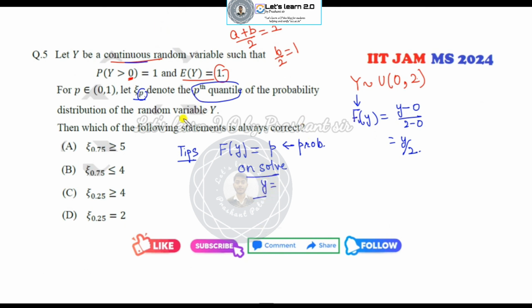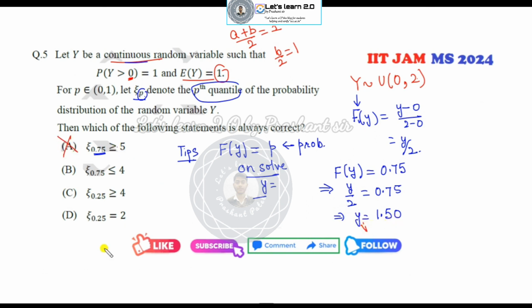So look at that. What does the statement suggest to you? Xi of 0.75, first case. So that means CDF of Y is my 0.75. What is the CDF? Y over 2. You can find the value of Y. So Y will be my 1.50. So that is my quartile.